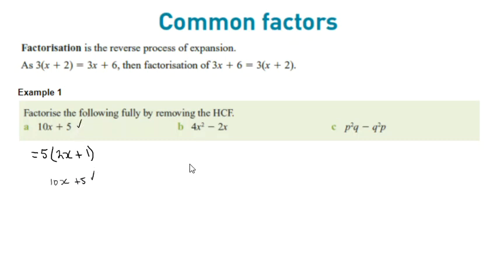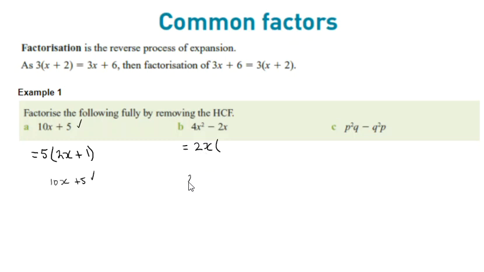Alright, next one: 4x squared minus 2x. Now, common factors, well, there's a 4 and a 2, so we can take 2 out as a common factor, which I'm automatically going to do. Also notice there's an x squared term here and an x here, so I'm going to take an x out as well. And then in my brackets, I'm going to ask myself, 2x times what?